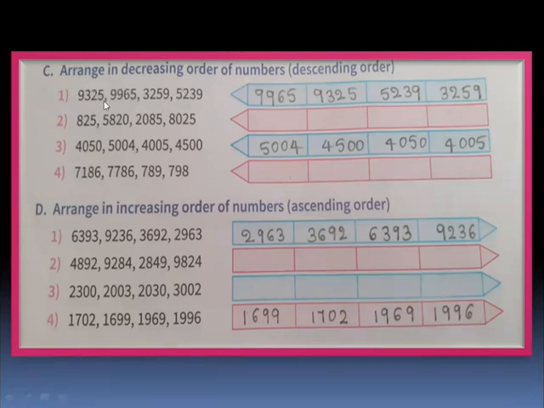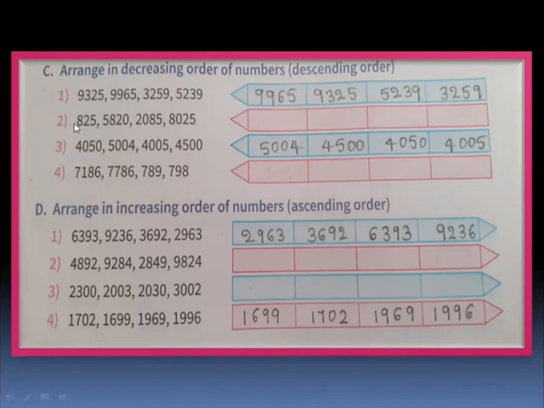First you have to see. Okay, 9,965 is the biggest number. Next 9,325. Next number is 5,239. Next number is 3,259. Descending order means largest number to smallest number. Like this you have to write, means arrange in decreasing order.